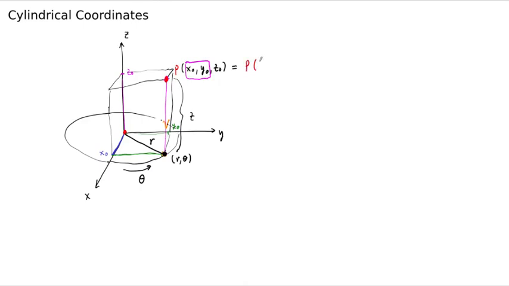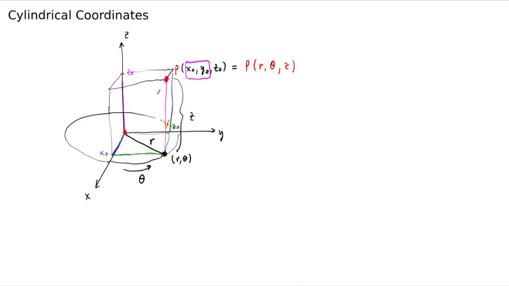So our point P in cylindrical coordinates is going to be described by the radius r, that's the distance in the xy plane away from the origin; the angle theta, that's the rotation in the xy plane; and then the height z is still the same. The height z is still the rectangular height. The reason this is called cylindrical coordinates is because we can see this circular shape in the xy plane.